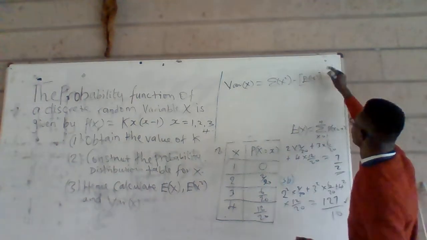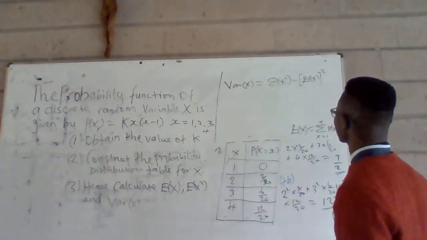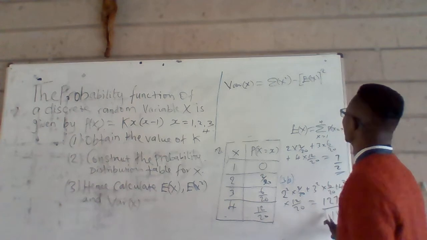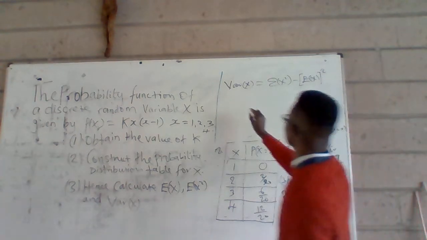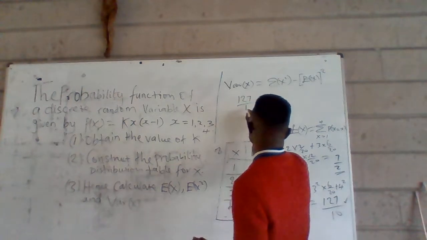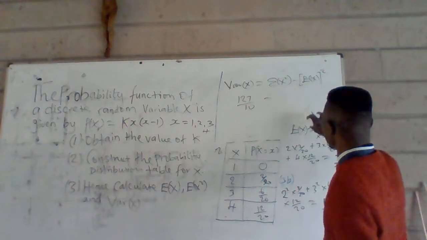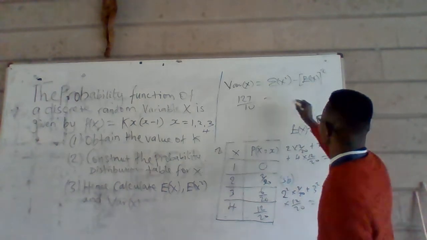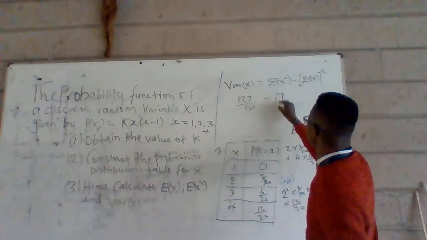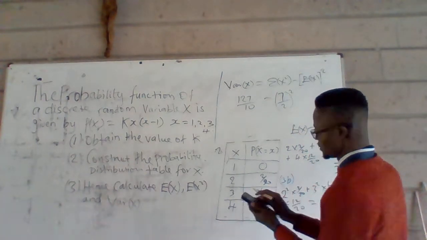You have to know this square, it can confuse you. What this simply means is that the expectation of x squared is 127 over 10, minus the expectation of x, which was 7 over 2, but now squared.